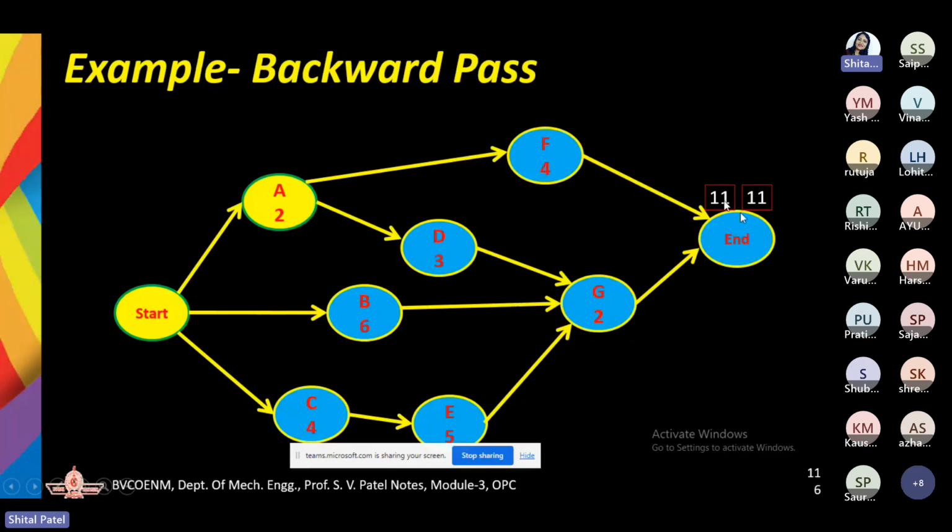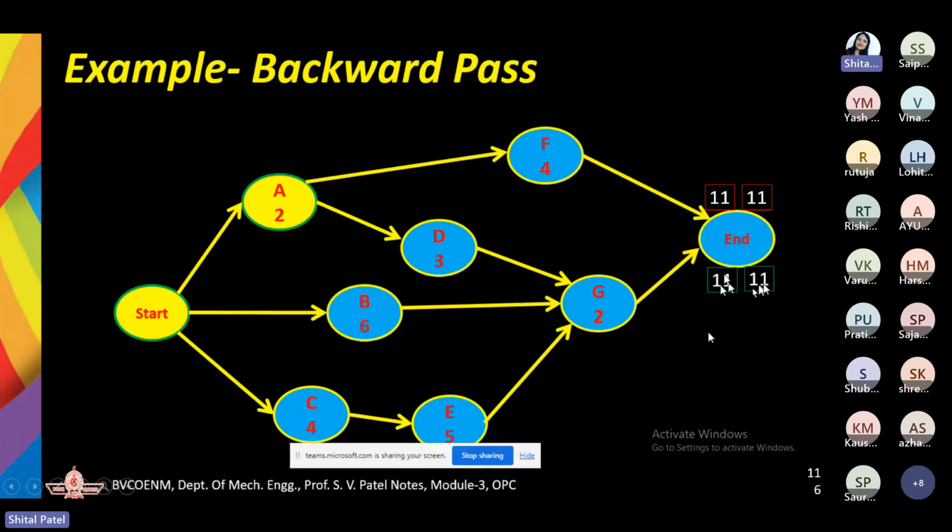So at the end activity, we consider the earliest start and earliest finish as the latest start and latest finish. The first cell is going to give you the start and the second cell the finish. So here in green, the very first gives you the latest start time and the second one gives you the latest finish time, right?